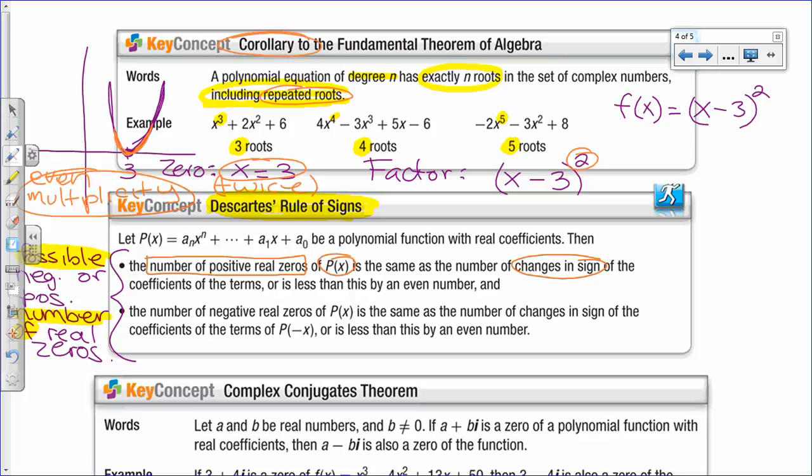What about negatives? Well, for negatives, we're going to have to do a little bit of work. First of all, we're going to have to find p of negative x. And then we do the same thing. We count the number of changes in sign. So let's look at an example.